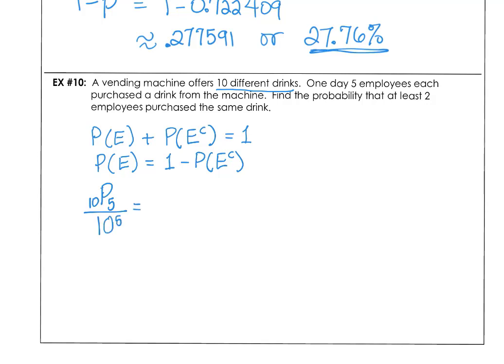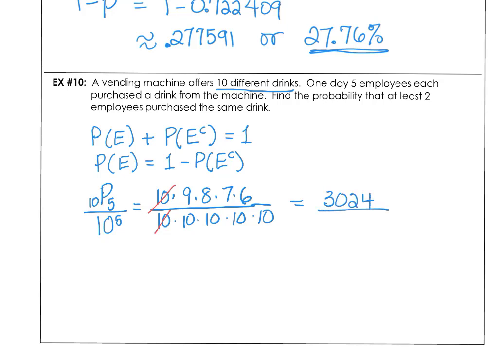So this would give us 10 times 9 times 8 times 7 times 6. There's our 5 employees. And we've got 10 times 10 times 10 times 10 times 10. We can eliminate 2 of those 10s. And then 9 times 8 times 7 times 6 is 3,024.